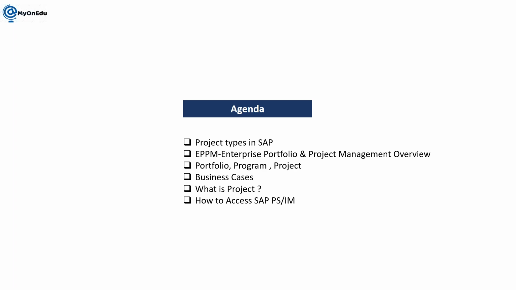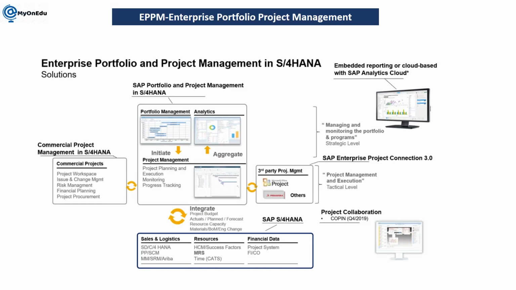So first of all, I'll let you know the concept of EPPM, Enterprise Portfolio Project Management. So you know that in SAP now we have the latest version S/4HANA. Okay, S/4HANA, that was a release last year, 2020. Okay, and actually before S/4HANA we had a version called ECC.